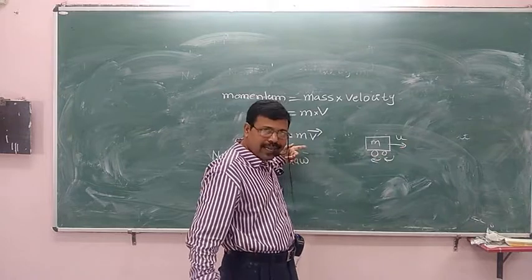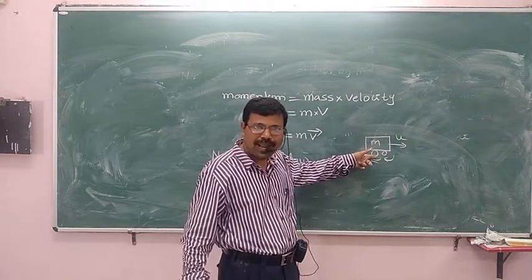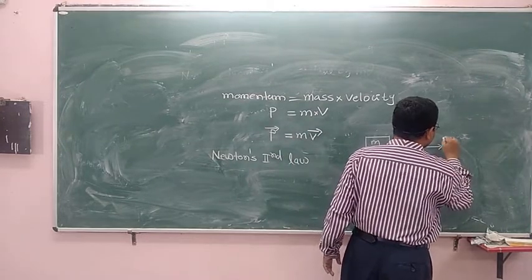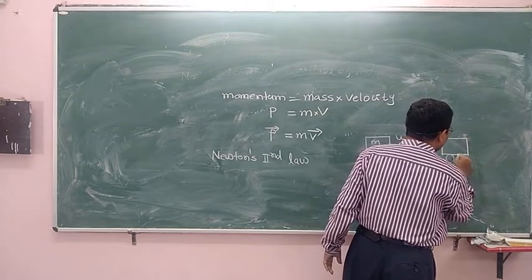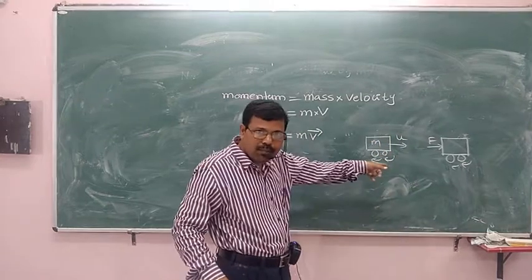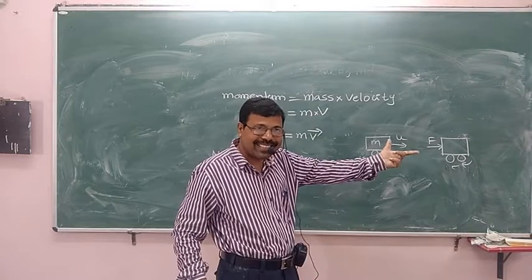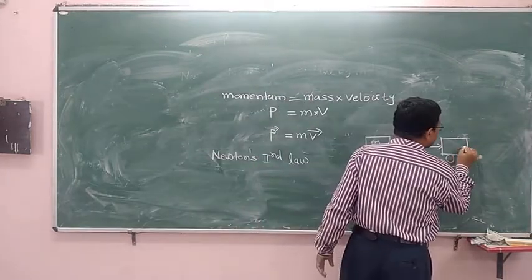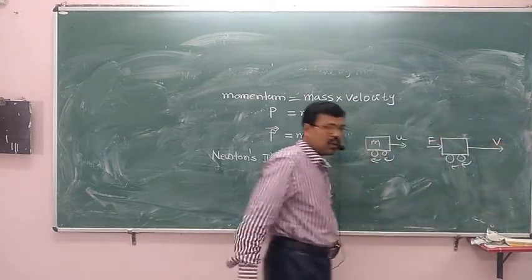If suddenly an external force, a constant force, is applied on the same body, what will happen to its velocity? Its velocity increases. Its velocity changes. So this is v, the final velocity.